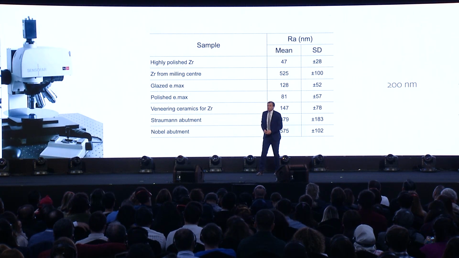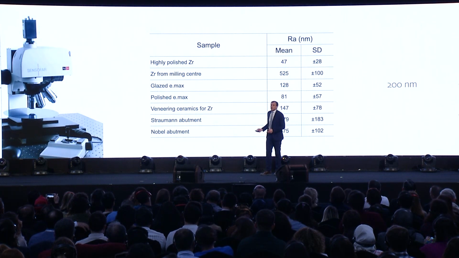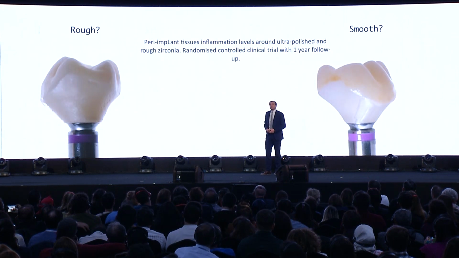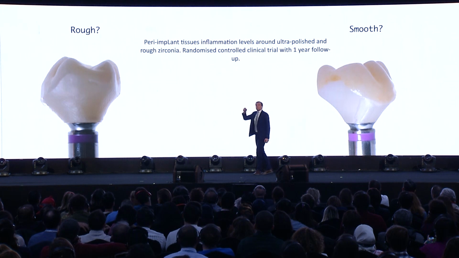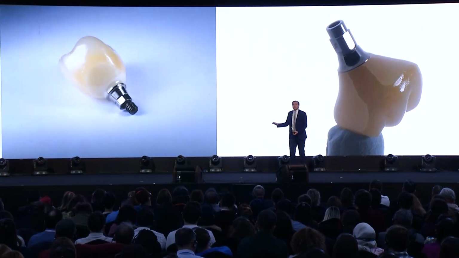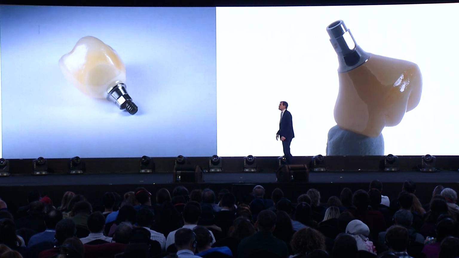What I'm going to show you next is a very new study, which is still not published, when we compared inflammation levels between normal smoothness zirconia and super smooth zirconia. Because again, that's the point of using super smooth zirconia. If we don't have any clinical benefits, so why? Maybe we don't need to use it.